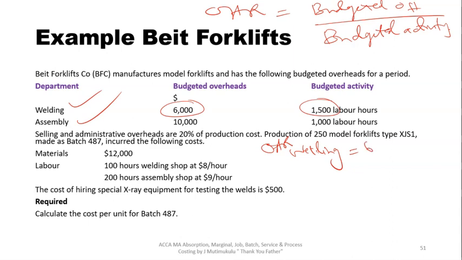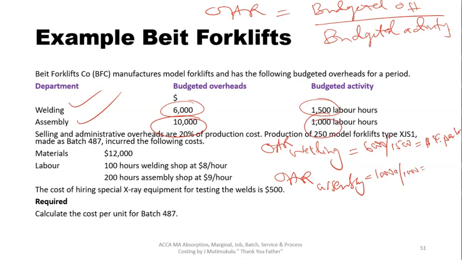So that's 6,000 divided by 1,500, and this should give us $4 per hour. For OAR assembly, for the assembly department, we're going to say 10,000 over 1,000, and this should lead us to $10 per hour.